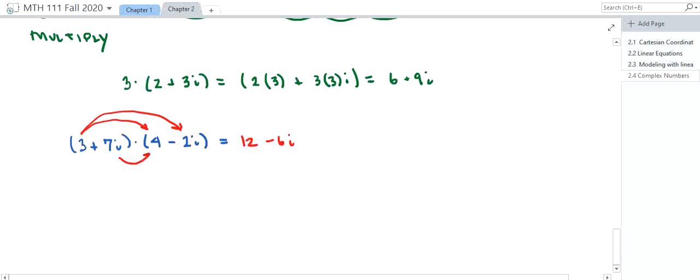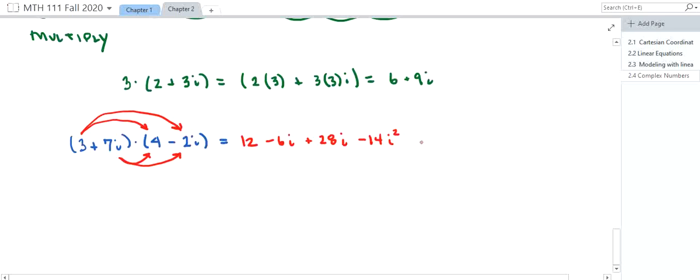Now we do it to this one. 7i times 4 is 28i. And then 7i times minus 2i is minus 14, but we have an i here and an i here, so that's going to result in an i squared, minus 14i squared.